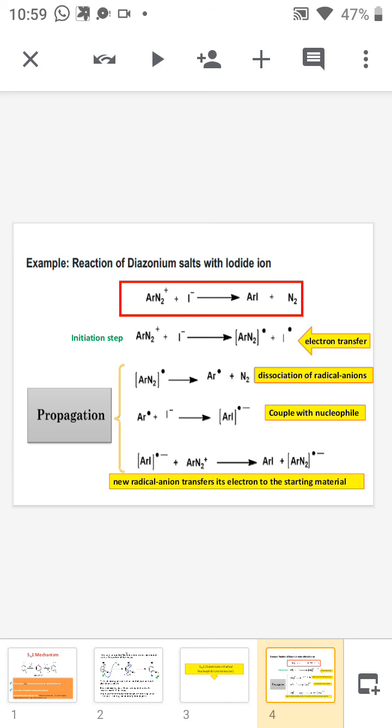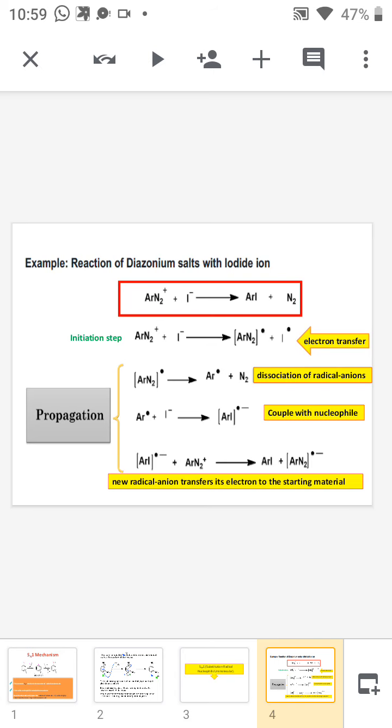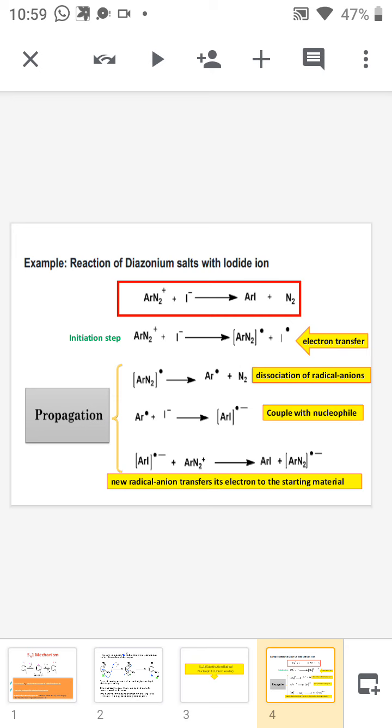As in the case of an ordinary radical reaction, there is an initiation step and a propagation step. In the initiation step, the radical is generated and that radical is propagated, and finally the radical liberates its electron to the starting material. This is the general mechanism of the SRN1 mechanism.